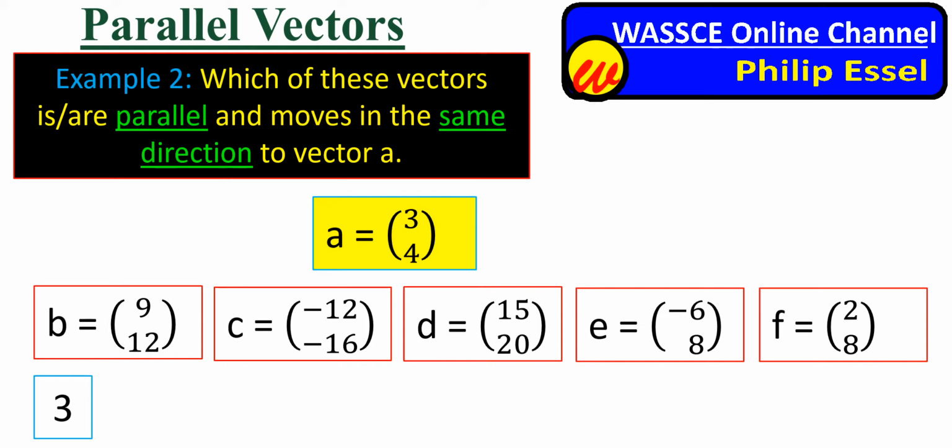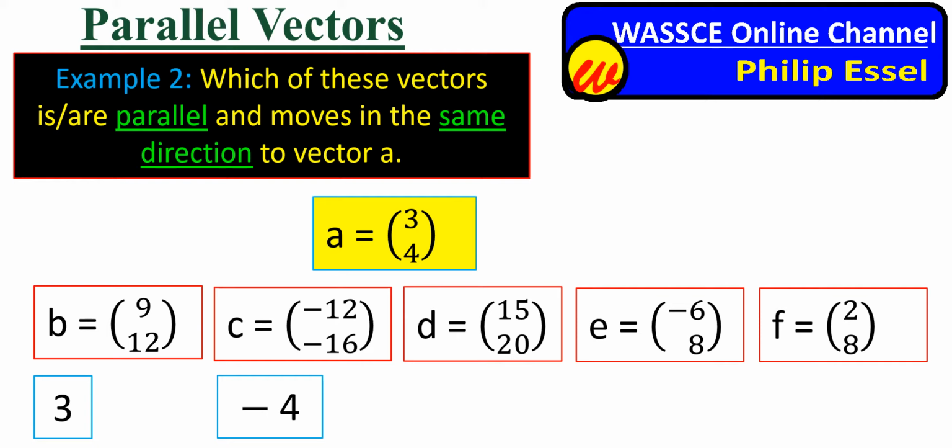Now we would have to compare the vector C to the vector A. And when you look at the two carefully, you realize that we can get the vector C from the vector A by multiplying the vector A by the number -4, which makes C a scalar multiple of the vector A.